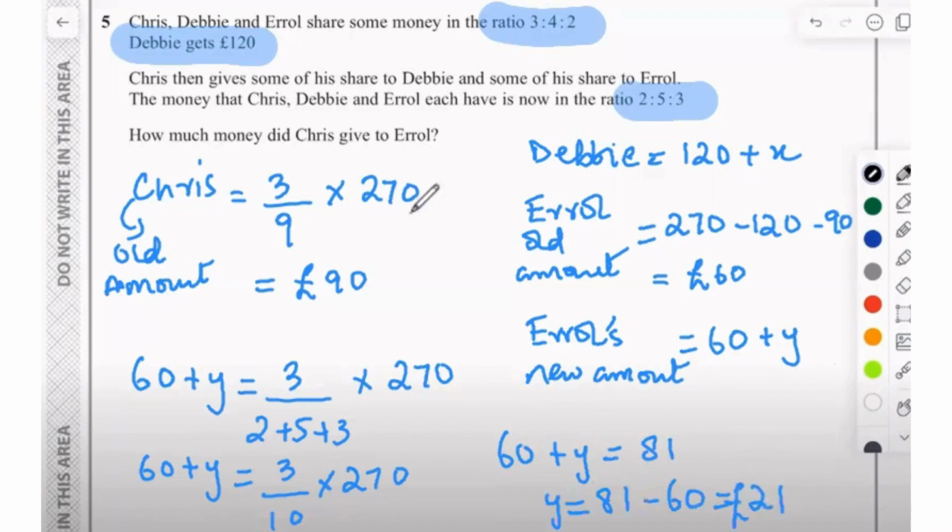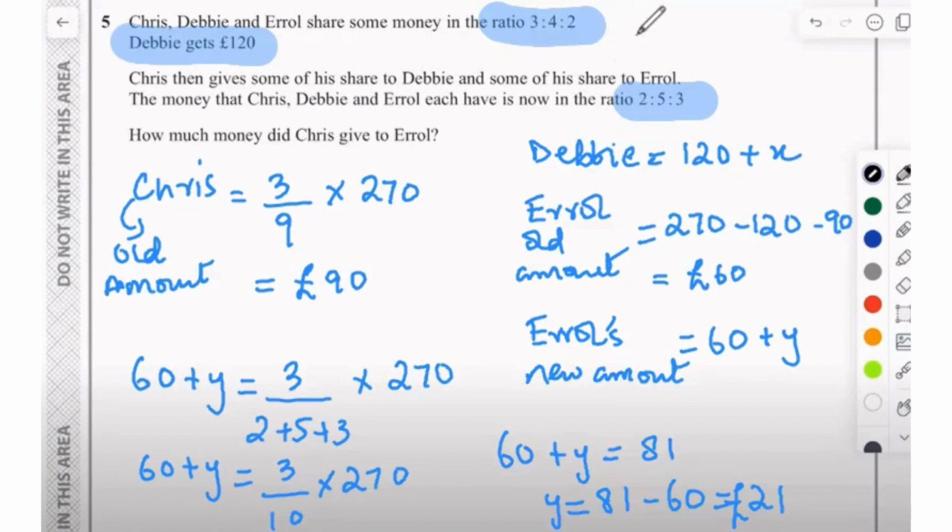So this is the final answer. This is the amount of money that Chris gave to Errol. So if we sum it up, first you will find the total amount using Debbie's share. Once you have found the total amount, you will find Chris's amount, then you will find Errol's amount. These are the old amounts that we're talking about, using the first ratio, which is 3:4:2.